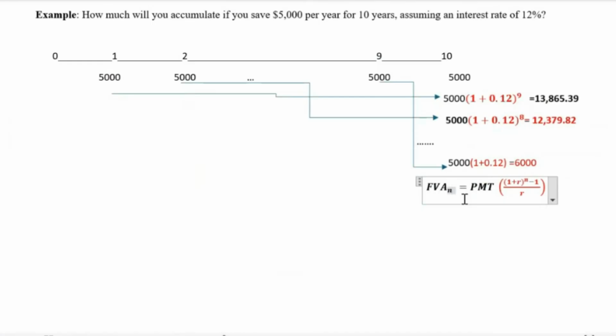Here's a 10-year, 5,000. R is 0.12 and 10. Let me do it again.